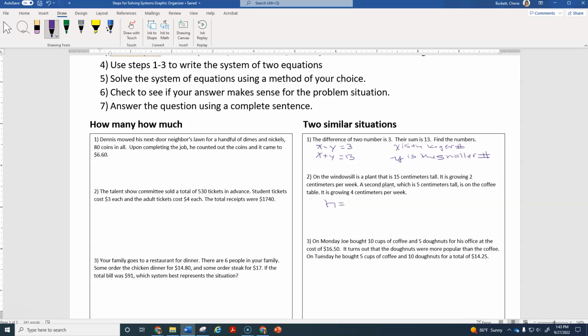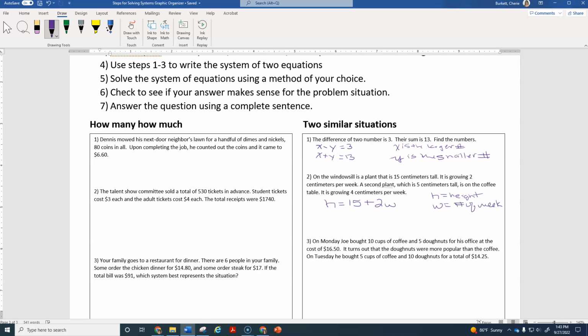On a windowsill, the plant is already 15 centimeters tall. So it starts out and then its height is increasing at a rate of 2 centimeters per week. So I've identified my two variables. H is the height of the plant and W stands for the number of weeks.